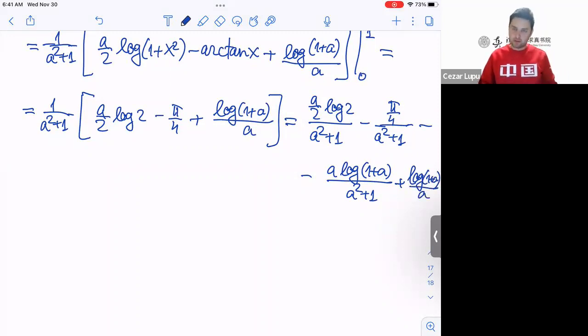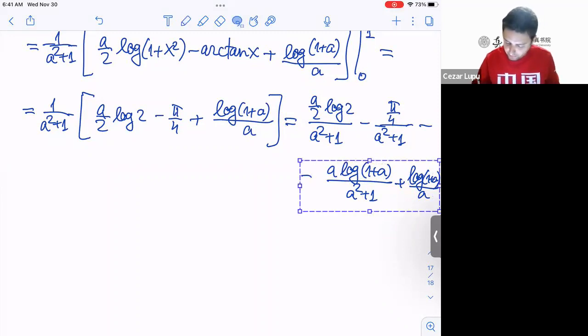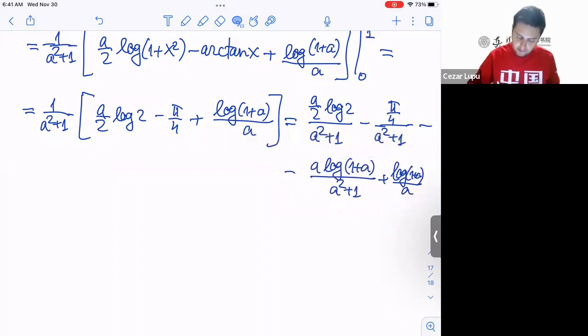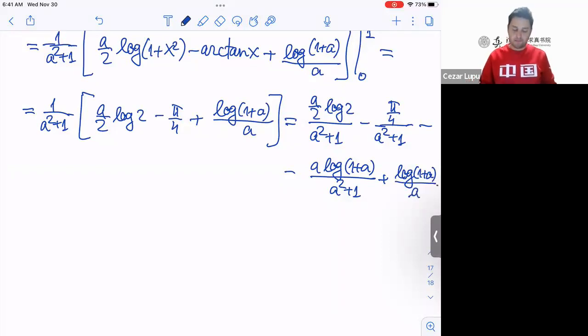Okay, I think that should be it. Anyway, it doesn't look nice. Let me just make it look nice. Okay. All right, great. Now it's pretty clear what we need to do.